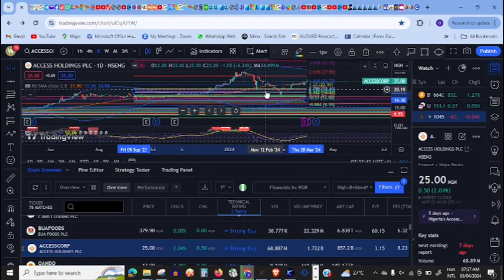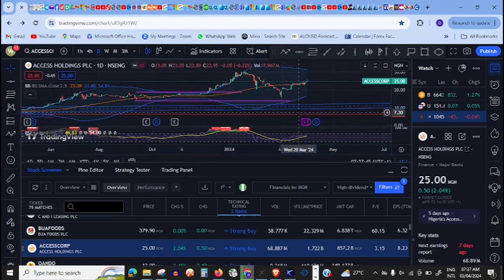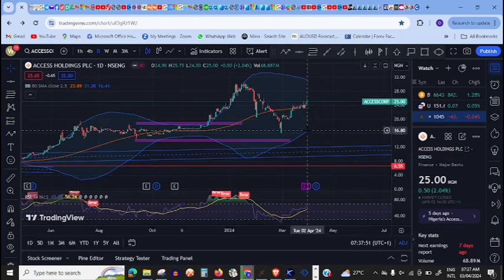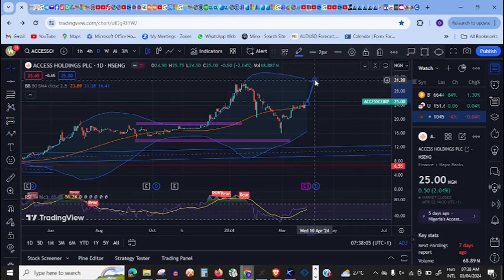Okay, let me take out all these ones. This is almost hitting the overbought region, and the market is actually not really struggling. It's struggling. So if you have it, you can push it to this level of 31 kobo for a fresh entry.